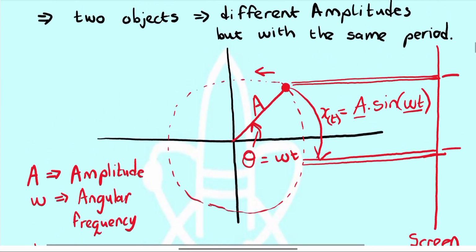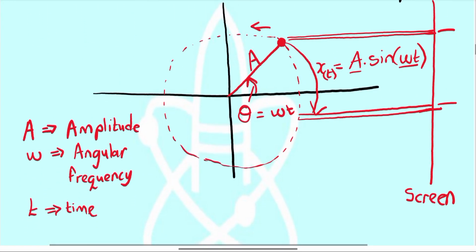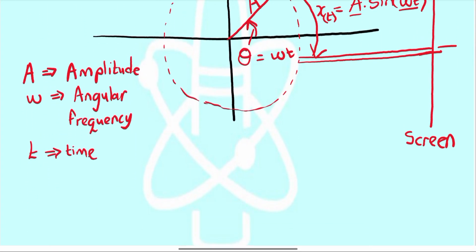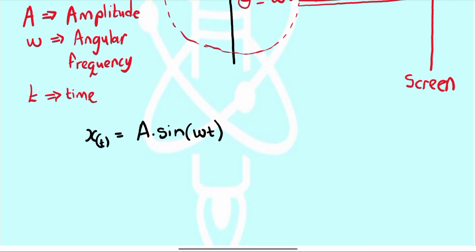We have to derive the formula for velocity and acceleration. We have already defined our position as A sine of omega t. So how can we find the velocity when I have to derive it?